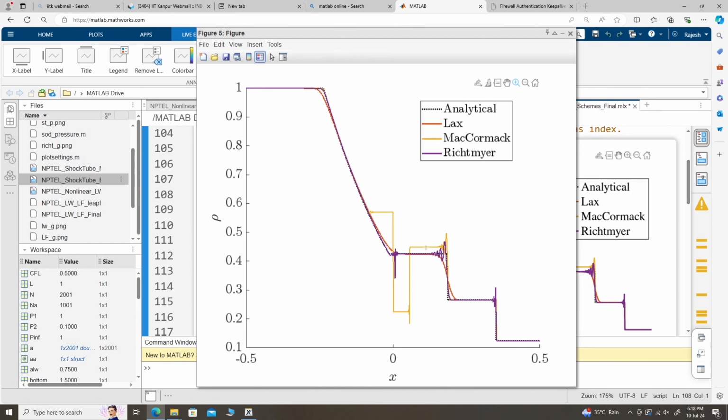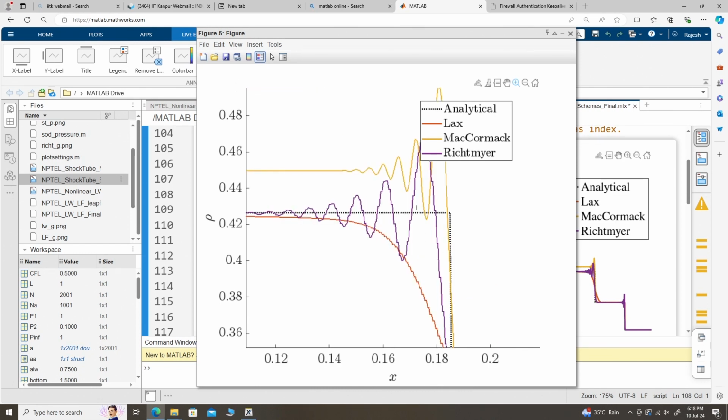So if you zoom that in, let us say at any region here, you can see the black line, which is the analytical one. The Lax-Friedrichs is basically smearing out, but does not have any oscillation. It has got dissipative error in the leading term. Richtmyer and McCormack both have got basically dispersive error, and that is how the solution looks like.